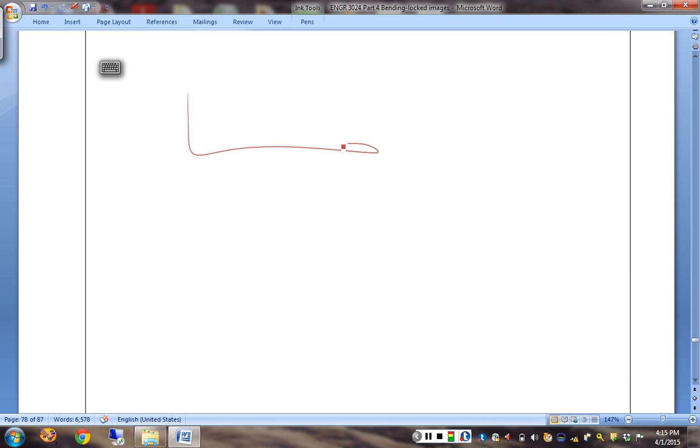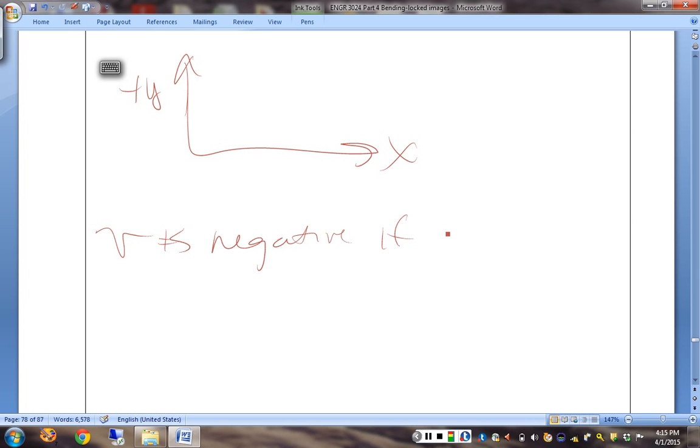So for us, if you are standing on a 2x4 that's over a creek, your deflection, your v, is negative if downward. That's the sign convention we've used all along.